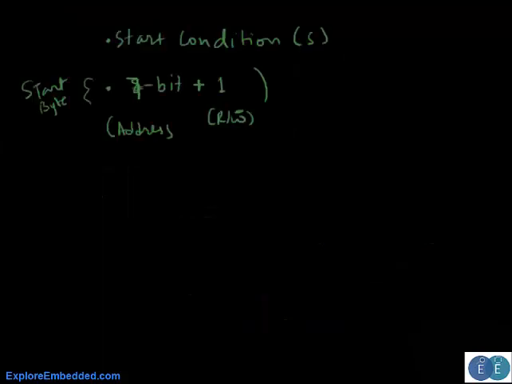That is the address it sends, and it also tells whether it wants to transmit or receive. This is 1 bit: if it is 0, then the master wants to write, and if this is 1, then the master wants to read from the slave device.